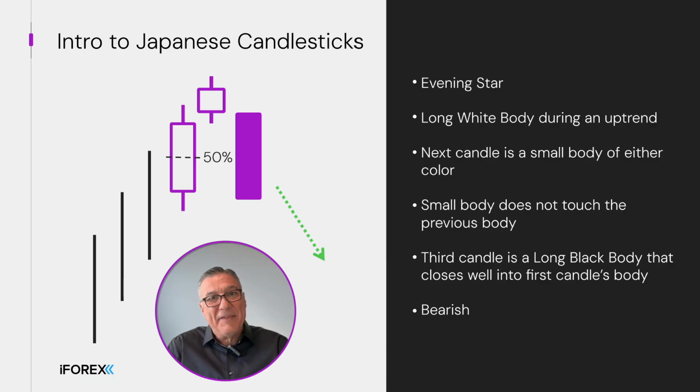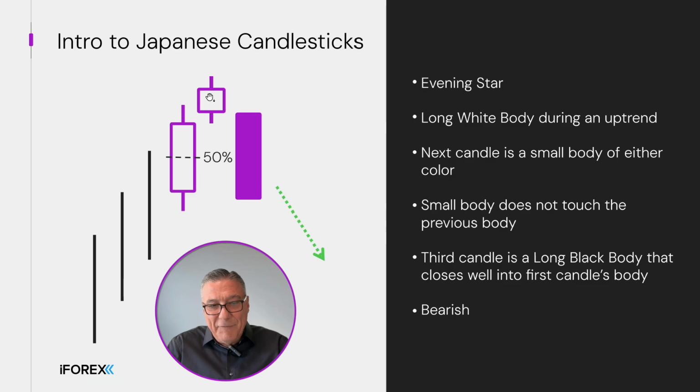Now this three candlestick pattern is the evening star, and again a prerequisite is an uptrend followed by a long white body that complies with the upward movement, right? And then a small body that gaps up. The small body usually indicates indecision, right?